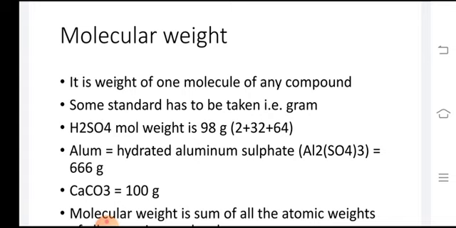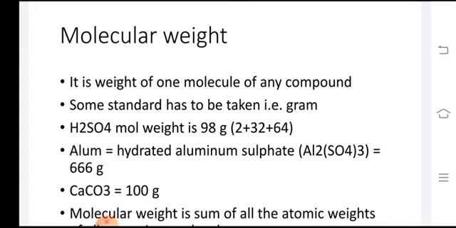Now this gram does not necessarily equal the weight we measure in kilograms. It is not like having 1000 grams of carbon will give us 1 kilogram of carbon, but still it is just a representation, a standard, as a representative of the quantity.